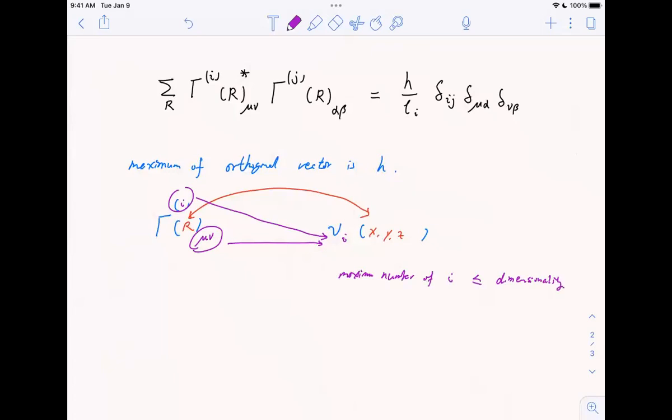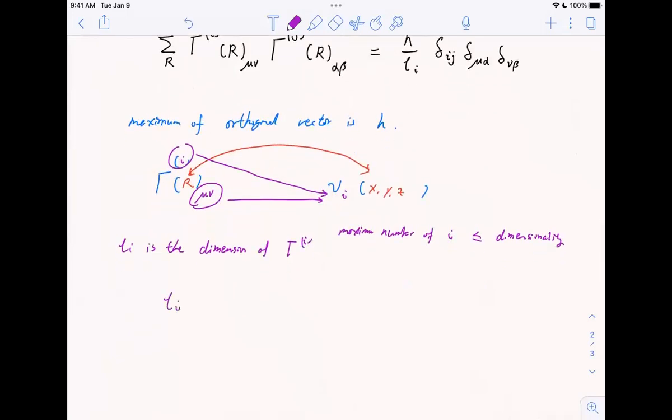So here you can see what is the total number of I here. So mu V, totally you have Li. So let's say Li is the dimension of this irreducible representation.